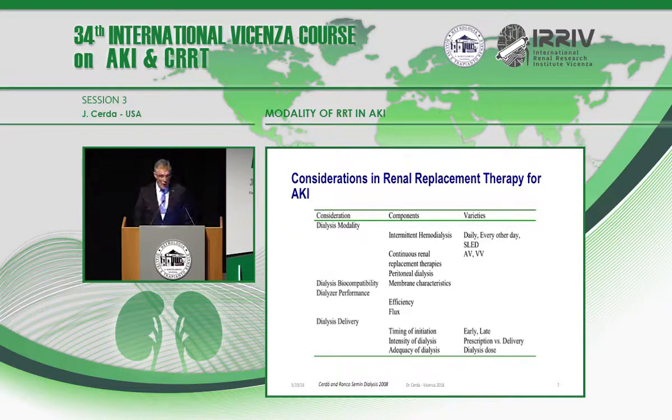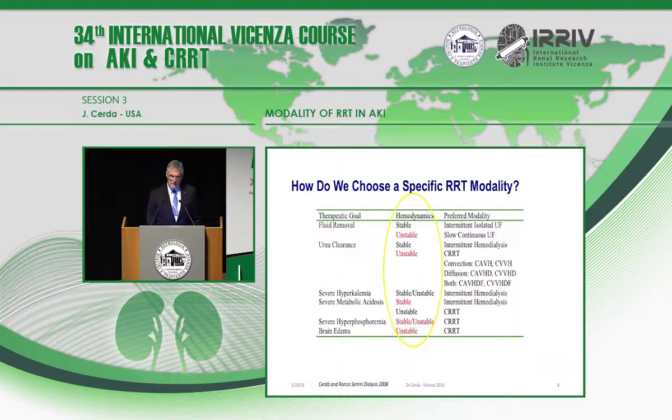If you think of it, all of you not only think in terms of modality, and within modality, if you're going to do it every other day, daily or SLED, or continuous or peritoneal dialysis, but also we need to think of the membrane characteristics, dialysis biocompatibility, the efficiency, the flux, the timing, etc. And I will try to address some of those points.